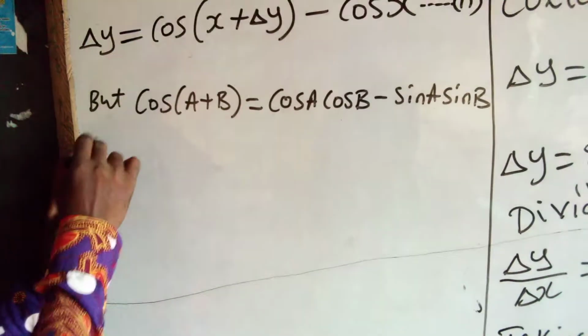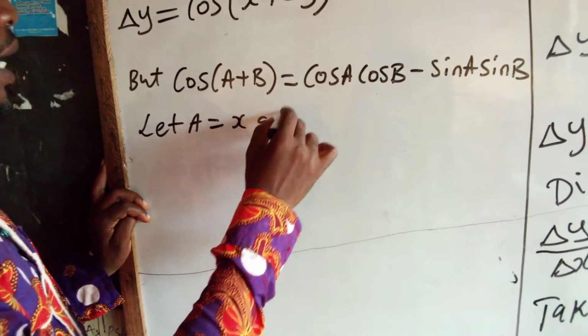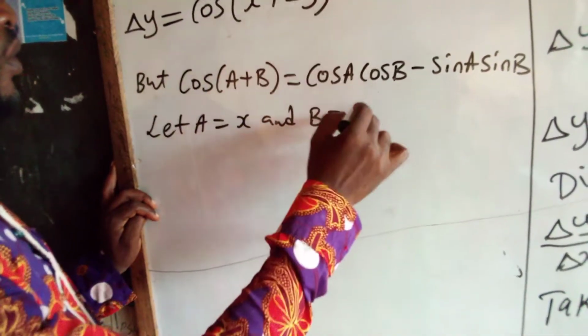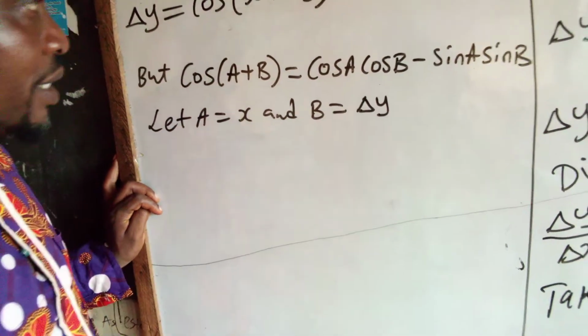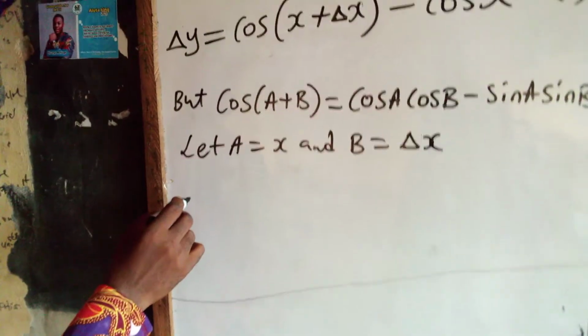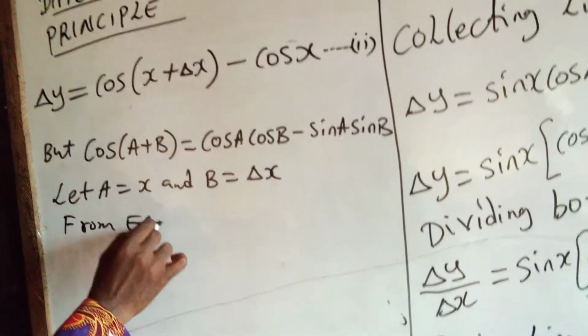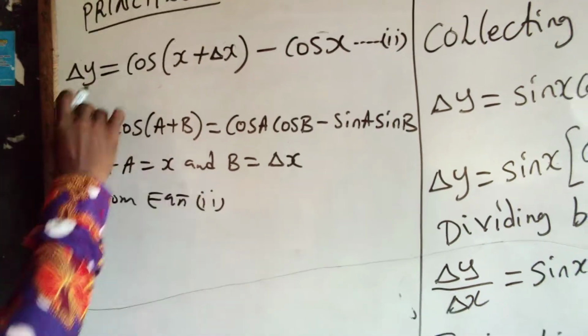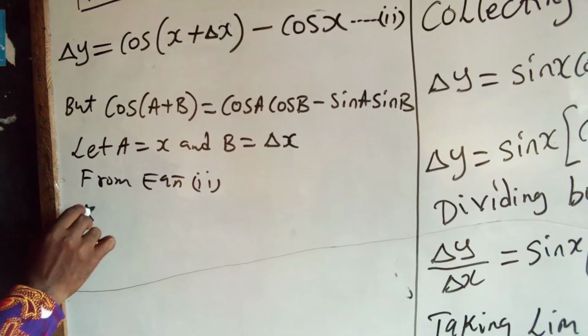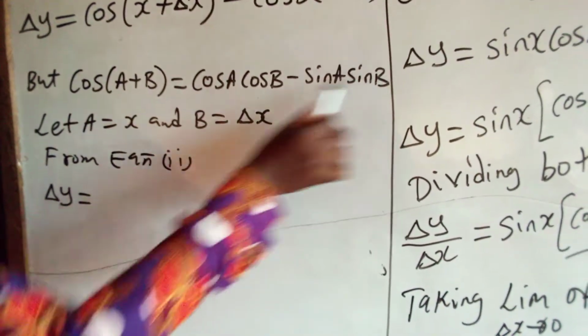We now say let our A be S and our B be equal to change in S. This bracket means that you will now write from equation 2 that change in Y will be, instead of writing this, we shall be writing this.